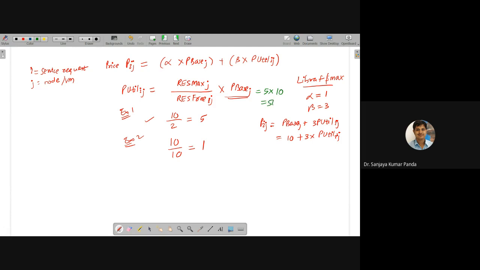So you are getting 50. So if you put it here, you will get 10 plus 3 into 50. So the total price, it may be in INR, it may be in dollars, you can say it is 160. Am I correct or not? But in the second case, if you calculate P util of ij, what value will you get here? Can anybody tell what value you will get here?